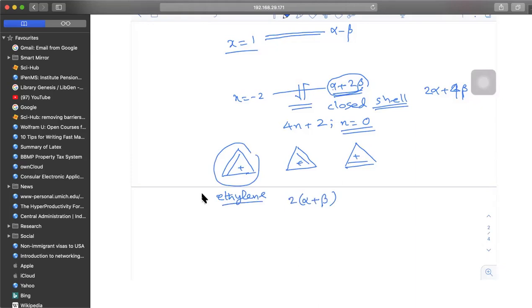So the energy of any one of these structures is 2 alpha plus 2 beta, while the actual energy of the system is 2 alpha plus 4 beta, which is lower. And therefore, we say that there is a resonance stabilization, and that resonance stabilization is equal to minus 2 beta. Because the energy difference between this and that is minus 2 beta, and that is the resonance stabilization of cyclopropenyl cation.